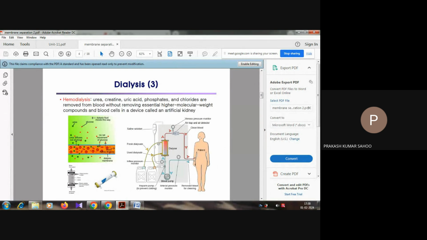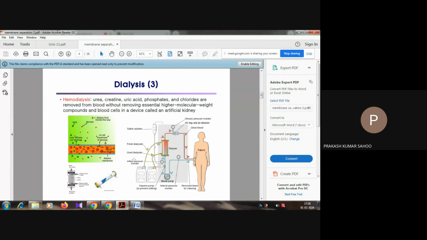Here, a patient with infected blood has it replaced by the pure blood of the same group by using the process of dialysis. So here some pneumatic pressure is applied, which is known as the blood pump, and here the impure blood is separated and removed, and simultaneously pure blood is injected into the patient's body.